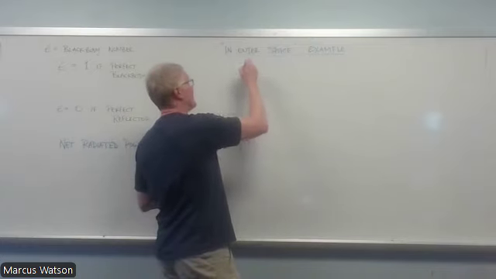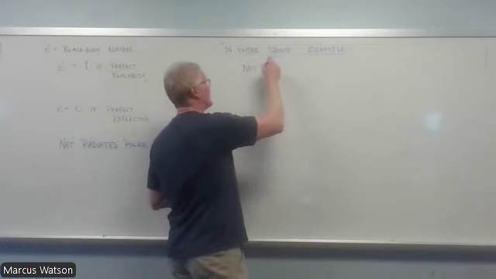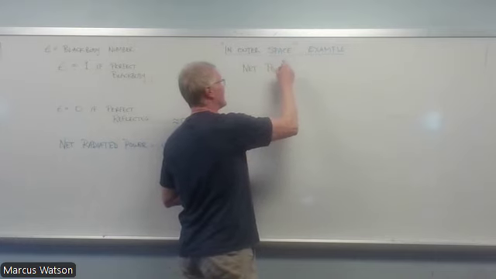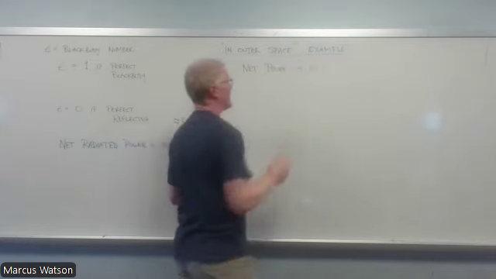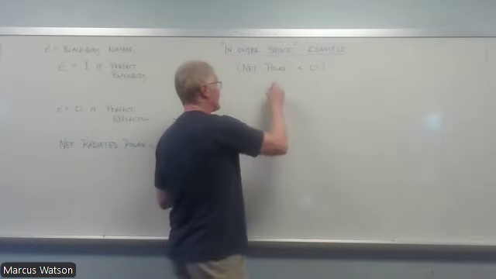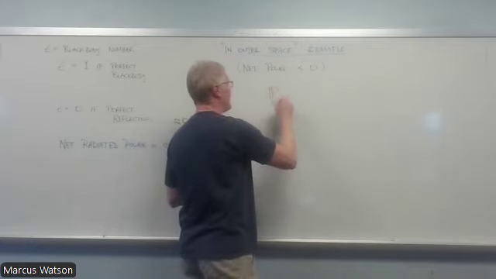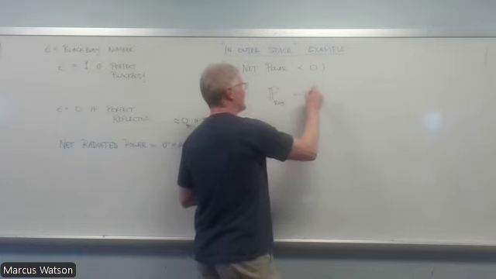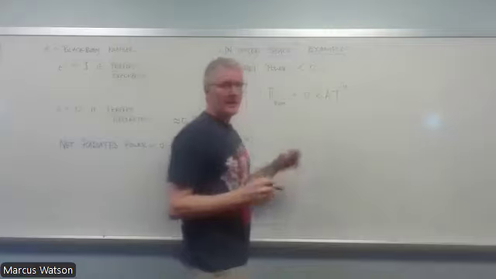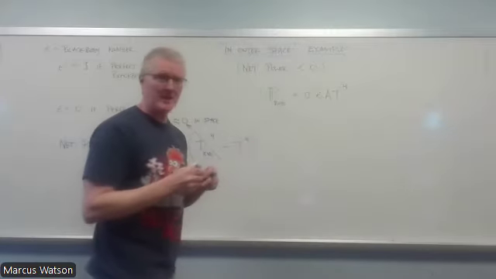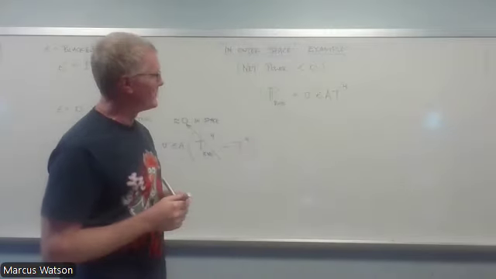So my net radiated power will be negative. Okay, so I'll just leave myself that note right there. And let's calculate the total radiated power as sigma epsilon A times T to the fourth. And I'm remembering that it's negative. I'm not going to carry the minus sign in right now. We'll deal with that later.